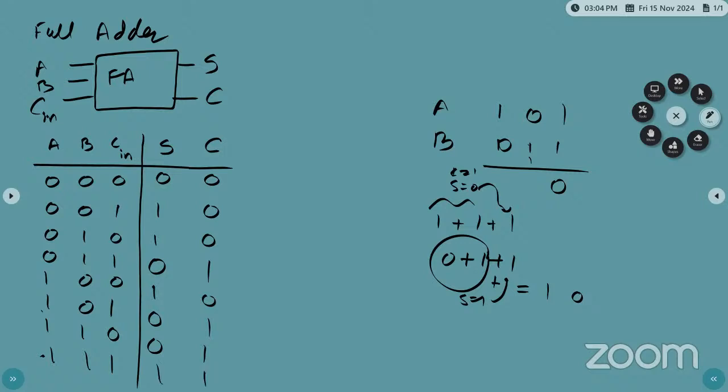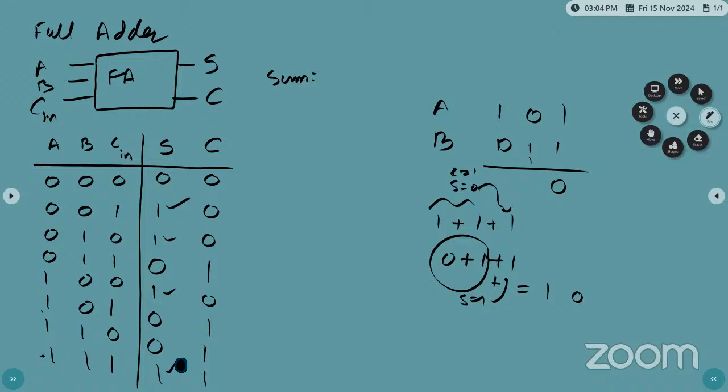Now we can write the expression for sum. For which input combinations is the sum output 1?